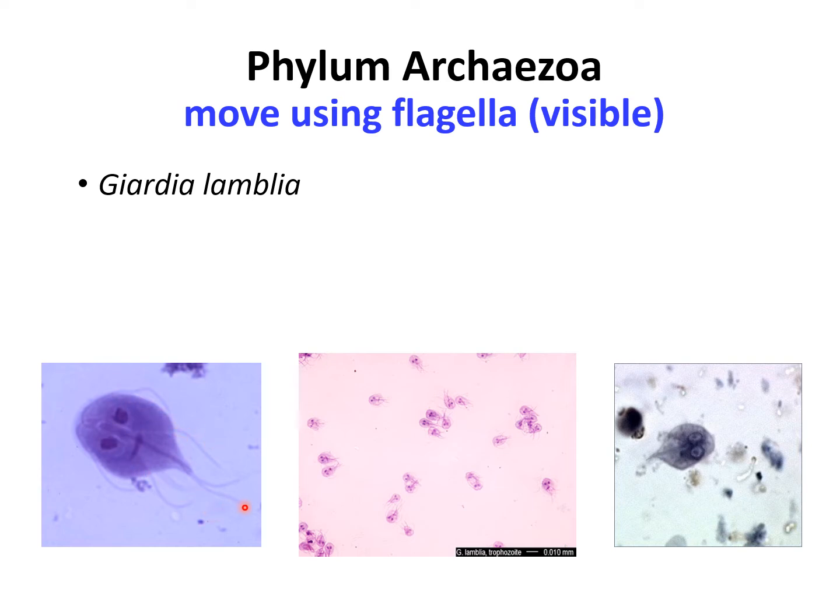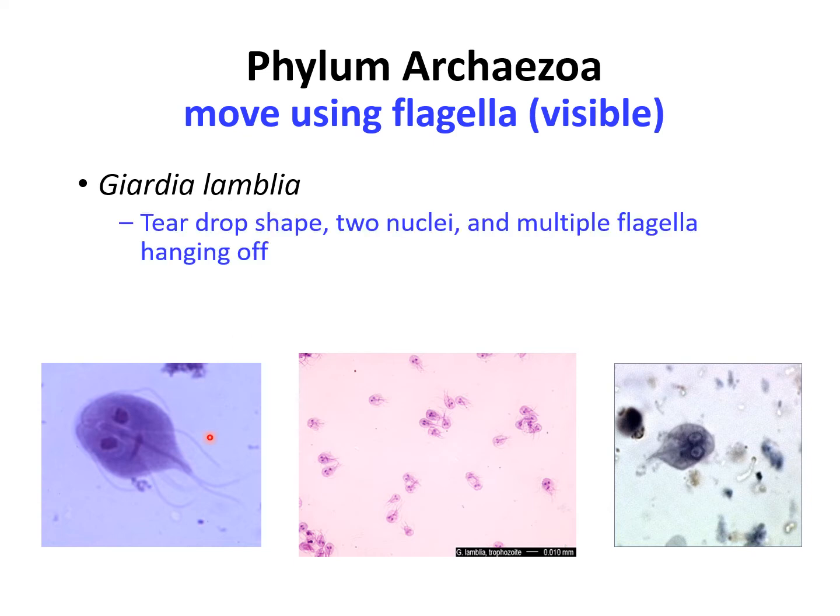It's a pretty unique shape, so it's easy to spot them and know that you're looking at a Giardia lamblia. As I said, they have this pretty unique teardrop shape with those two nuclei that look like eyes, and then they have multiple flagella hanging off of them.